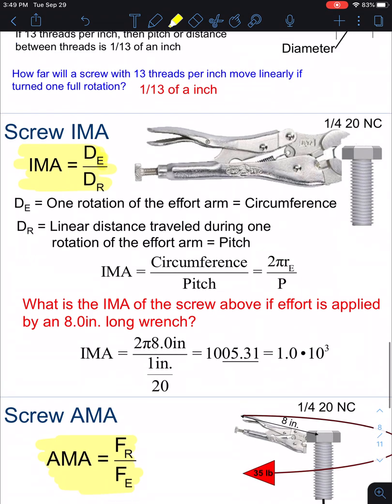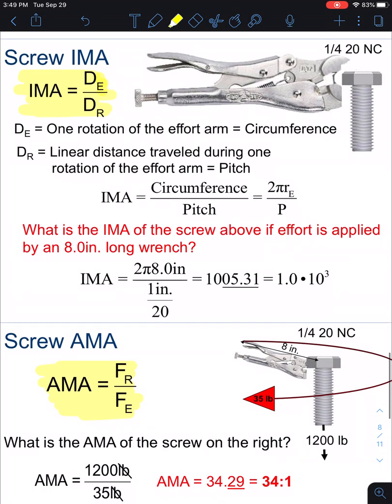So the only thing that's different on the screw problems is that you have to find out where you get your numbers from. In order to calculate the IMA for the screw, your distance of your effort is the circumference of a circle that's made when you turn a wrench one full turn.